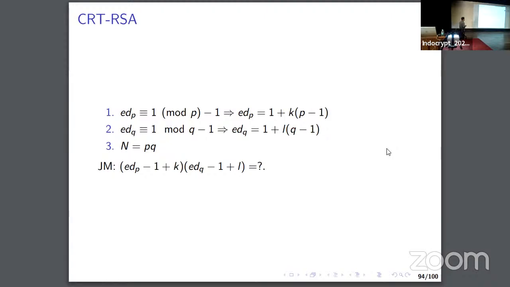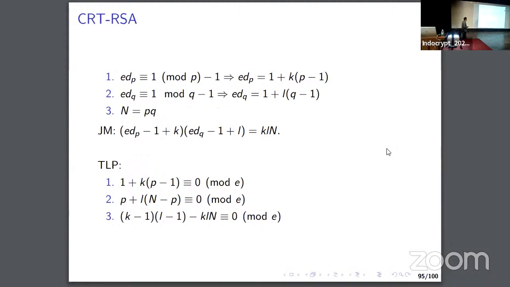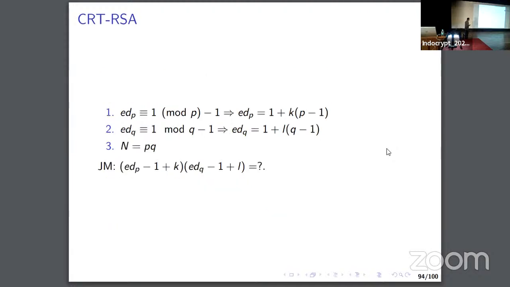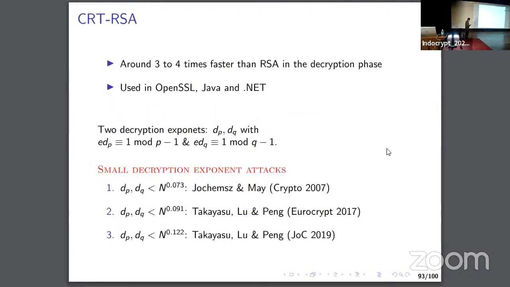So basically e dp minus 1 plus k equal to k times p. Similarly, this is also l times q. So kl and pq is N. So this is basically klN. And using this equation, they got this bound, this n to the power 0.073 bound.